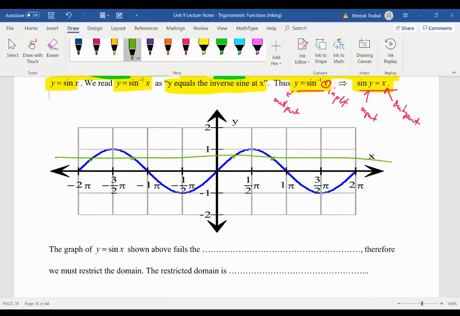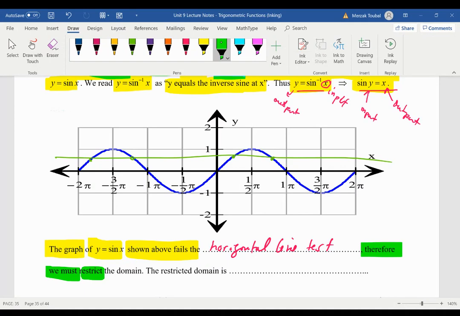If any horizontal line hits the graph more than once, we say the function fails the horizontal line test. Therefore, we must restrict the domain.